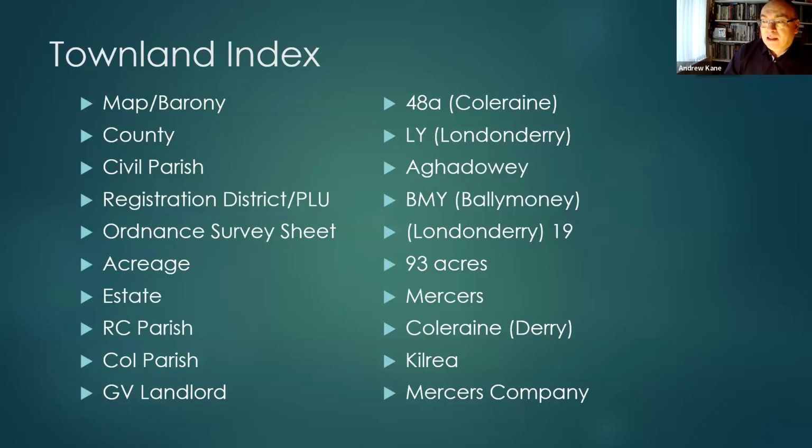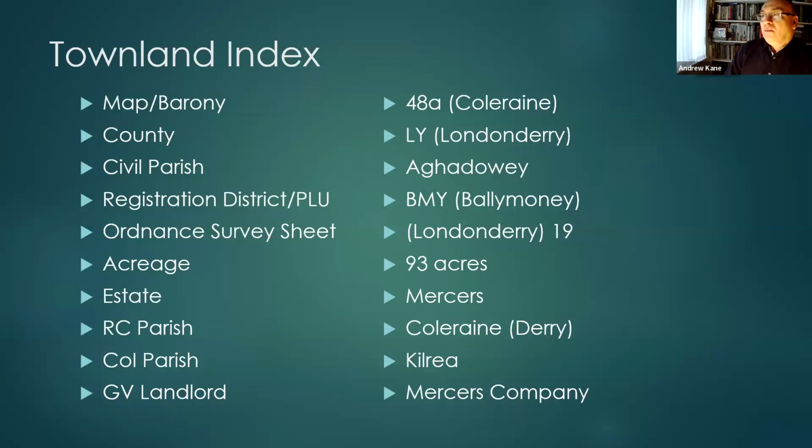Turning then to the modern side of things, all 16,500 townlands named in the book are listed in the index. There's 267 pages of index. It's an enormous chunk of reading. But for each townland, it gives you the information on this slide.